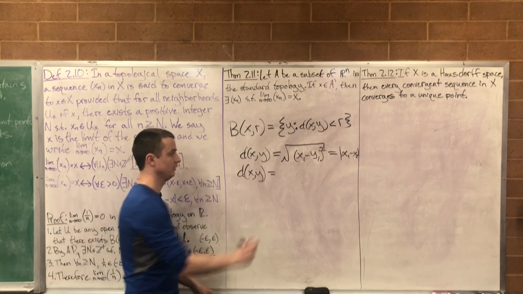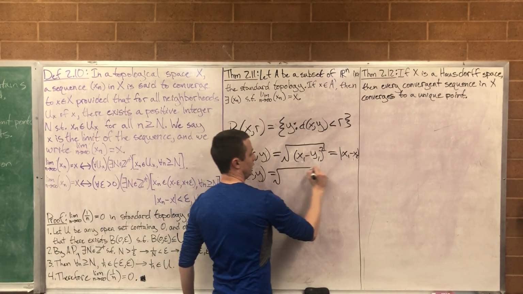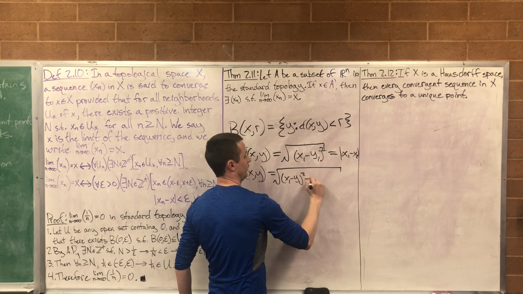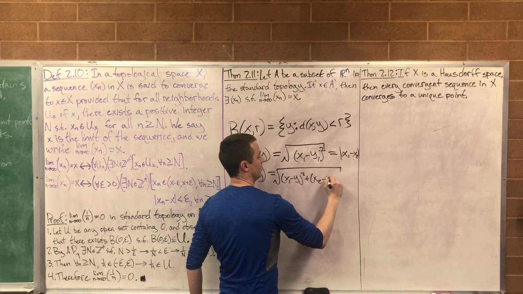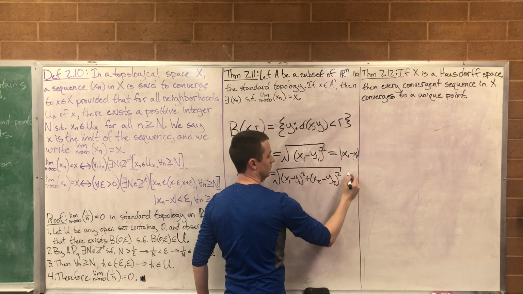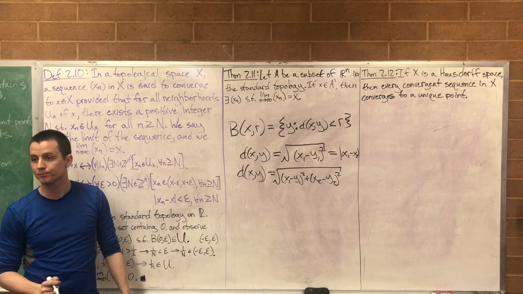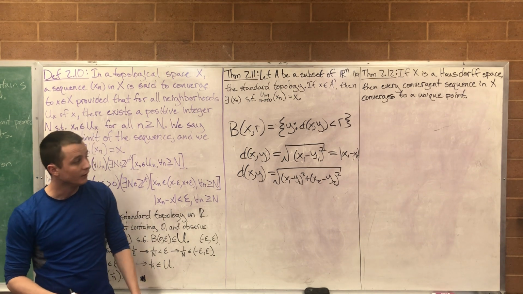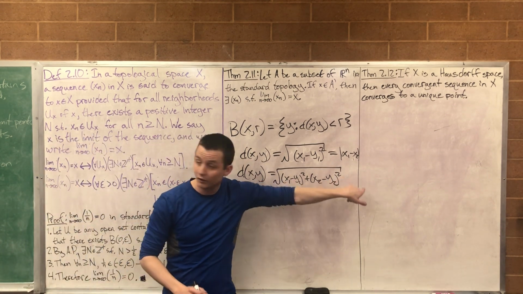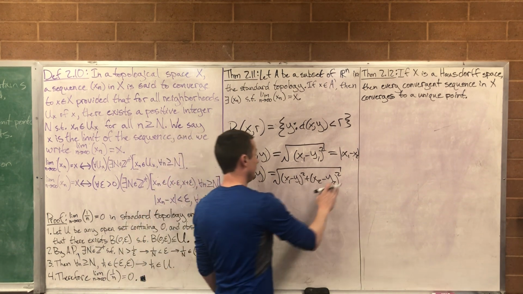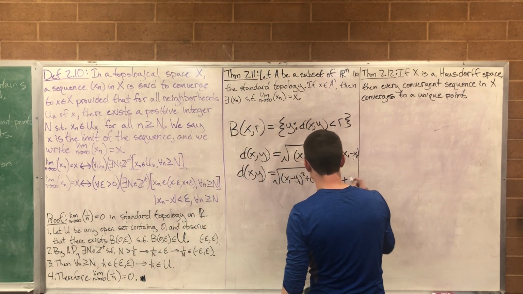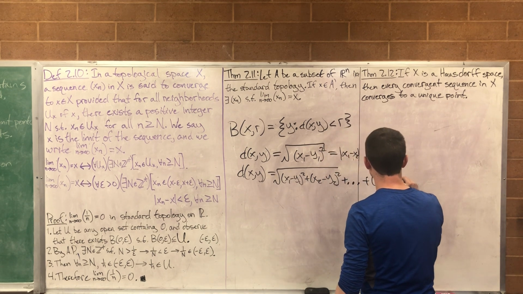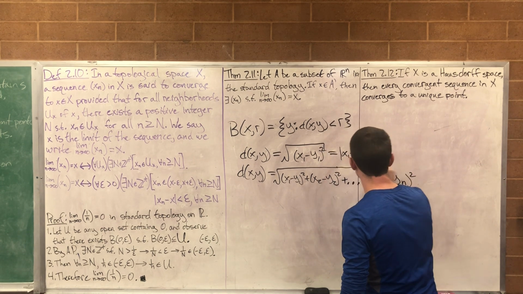In two-dimensional space, it's just the Pythagorean theorem: the square root of (x1 minus y1) squared plus (x2 minus y2) squared. You remember deriving this using the Pythagorean theorem? In 3 dimensions, you just add another one of those terms on. So for n dimensions, it's plus dot dot dot plus (x_n minus y_n) squared.